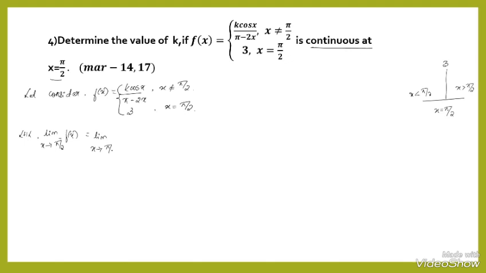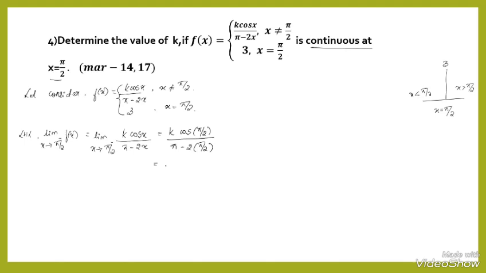divided by pi minus 2 into pi by 2. Okay, next k into cos pi by 2 divided by pi minus, here 2 gets cancelled, pi minus pi.